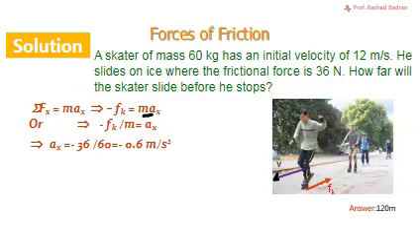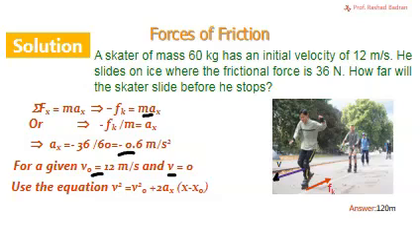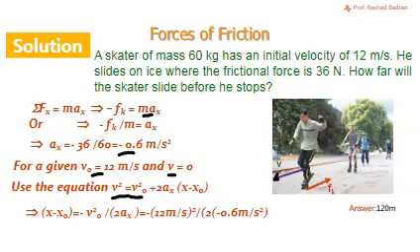To find the displacement delta x, we use this value of acceleration together with the given initial and final velocity, and plug all these values into the kinematic equation v final squared equals v naught squared initial plus 2 a sub x delta x, and from here we get delta x equals 120 meters.